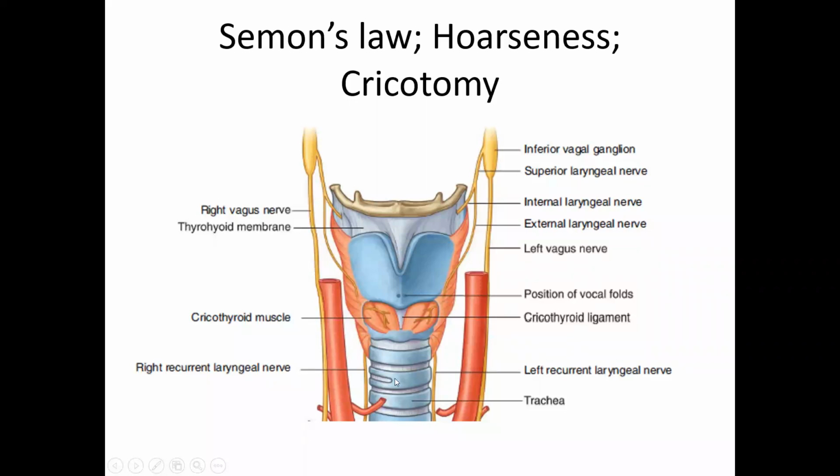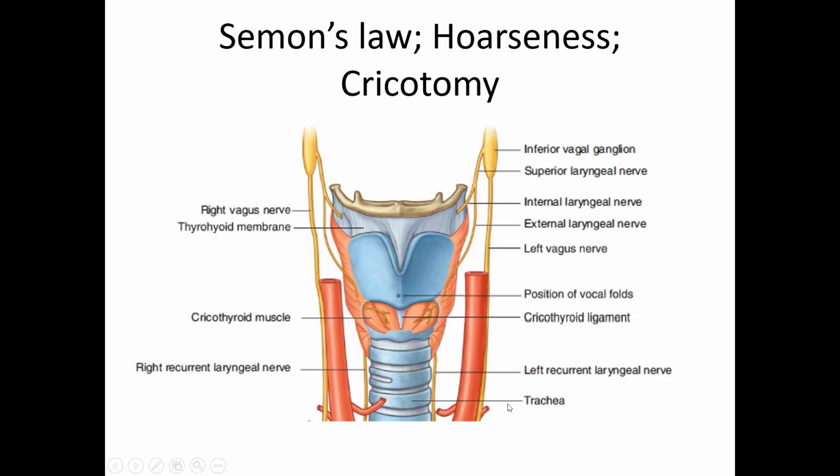Cutting the isthmus and going behind the isthmus is a pretty safe surgery. Whereas if you go below the fourth tracheal cartilage and try to create an opening there, you are partly into the thorax, and immediately deep to the manubrium is the left brachiocephalic vein, which crosses from the left side to the right side to join the superior vena cava, which is on the right of the midline.